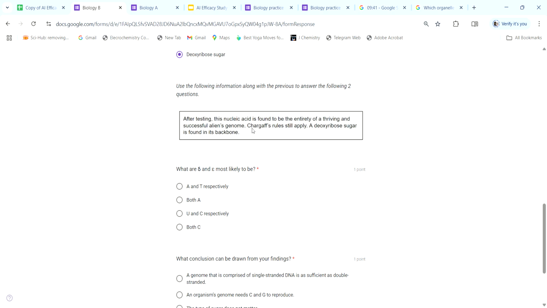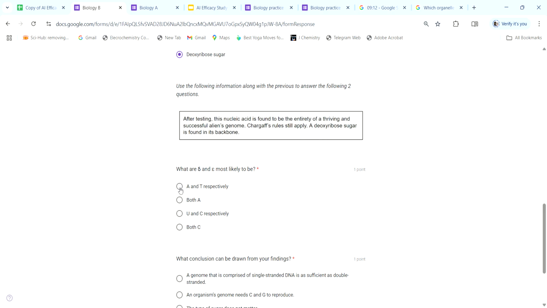A deoxyribose sugar is found in its backbone. What are delta and epsilon most likely to be? As it remains deoxyribose sugar, it must be adenine and thymine.